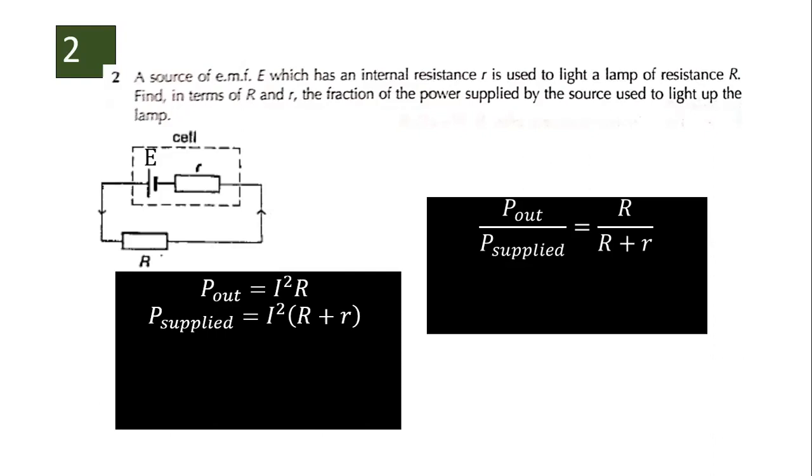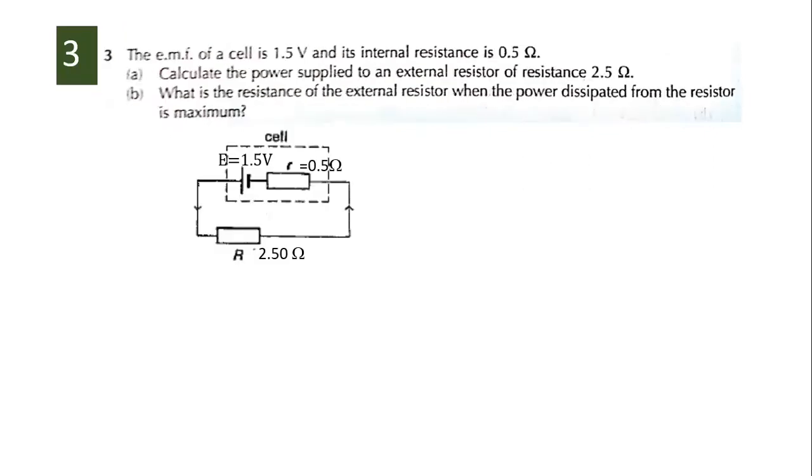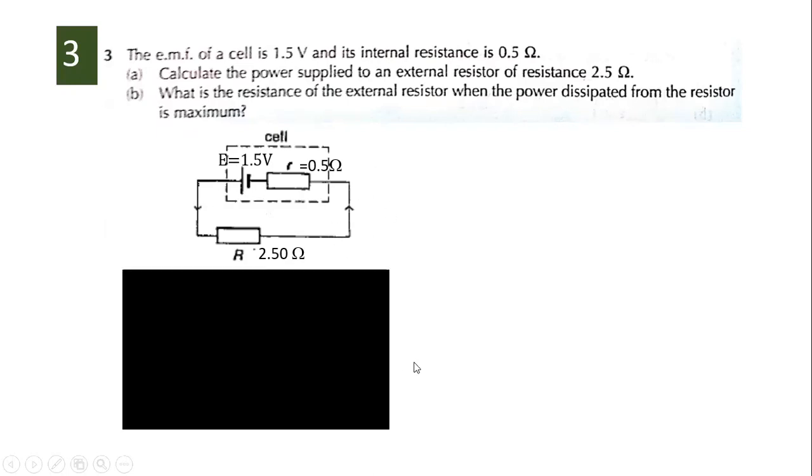Okay. Number three, sir. EMF of a cell is 1.5. That's the EMF. Internal resistance 0.5. Calculate the power supplied to the external resistance. That's the external resistance. So calculate the current first. There are many ways to calculate, not only one way.